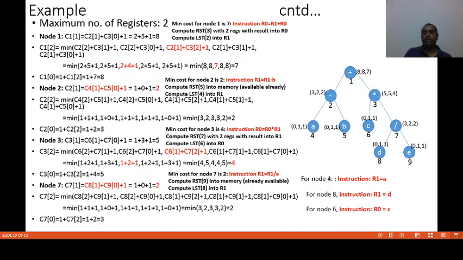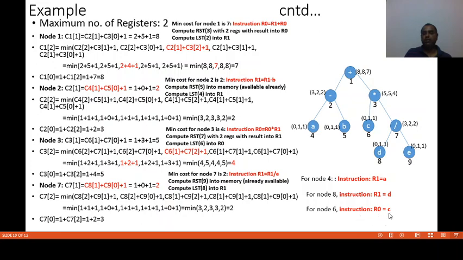And for node 6, you can see here node 3, which one I have selected, left subtree, right subtree, and node 6 into R0. You can see here it will be evaluated into R0.